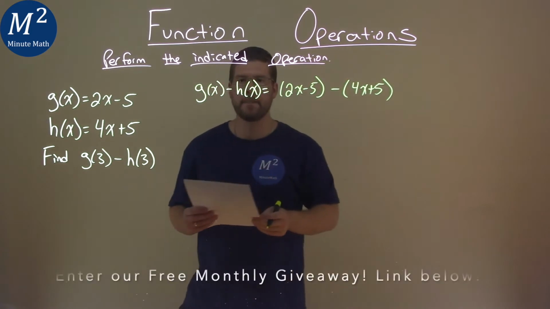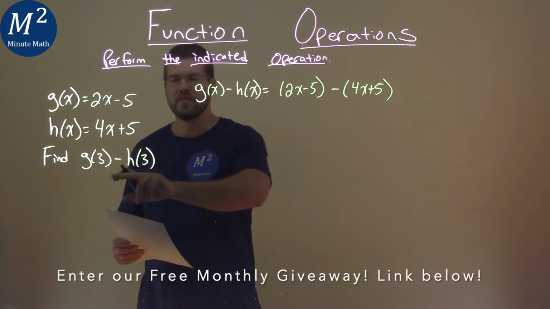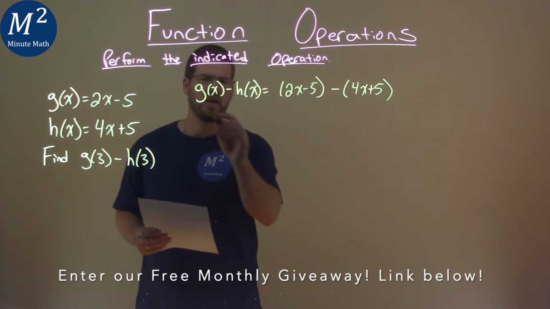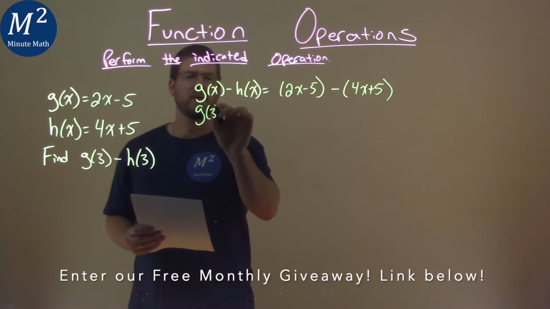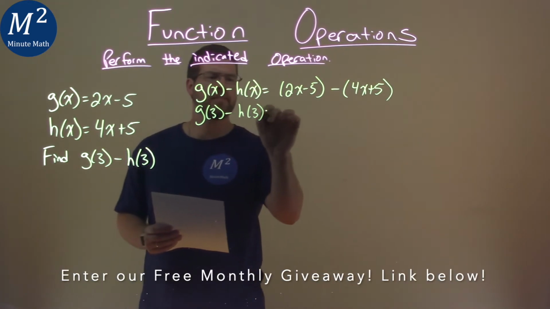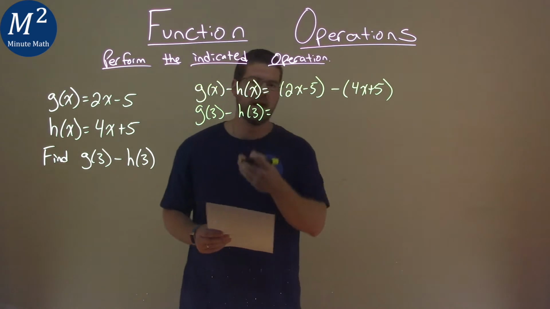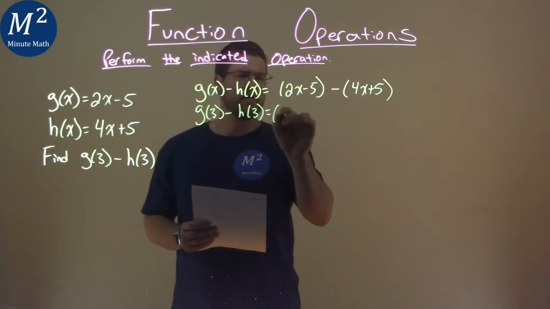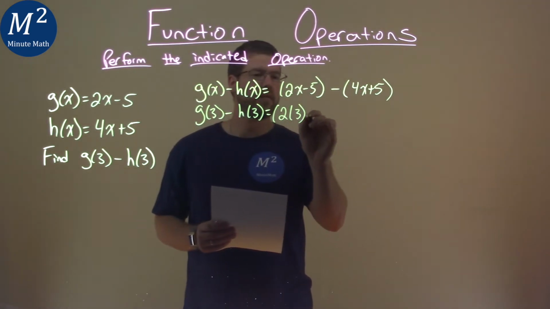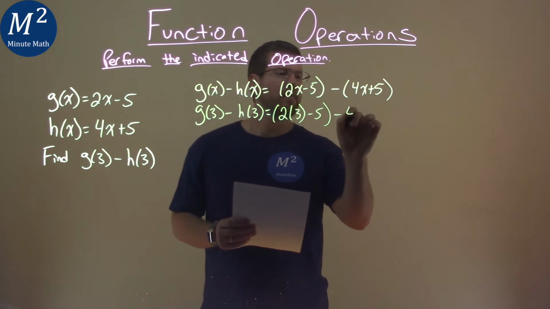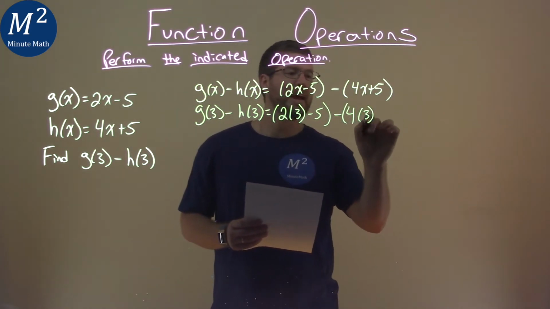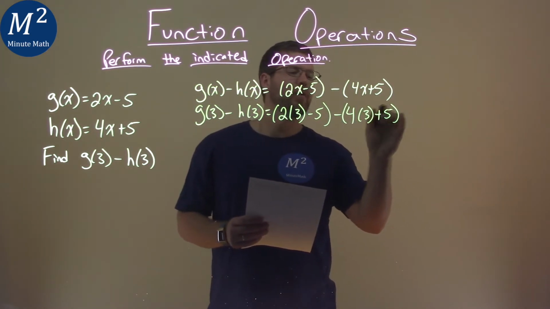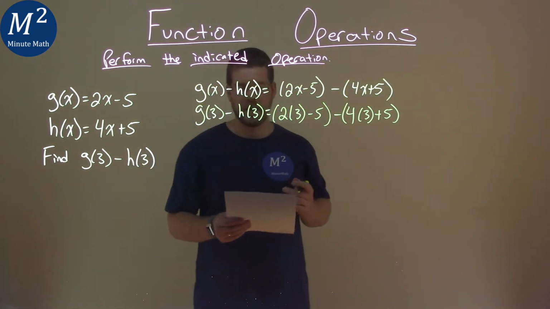Okay? Now they ask us, what is g of 3 minus h of 3? So, if we have g of 3 minus h of 3, we're just plugging 3 in for x's. So to do that, we have 2 times 3 in parentheses, minus 5, minus 4 times the 3 again, plus 5. We're just substituting 3 in for our x.